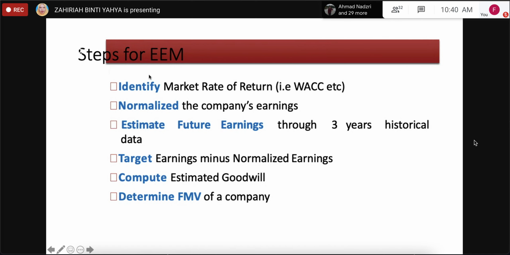Ni ada 3 years, past 3 years, at least 3 years. Tapi I prefer kalau sampai 5 years. And then target earning minus normalized earning. So you have to normalize the thing, to get the fair value for every item, and compute estimated goodwill. And finally, you determine the full market value for the whole company.